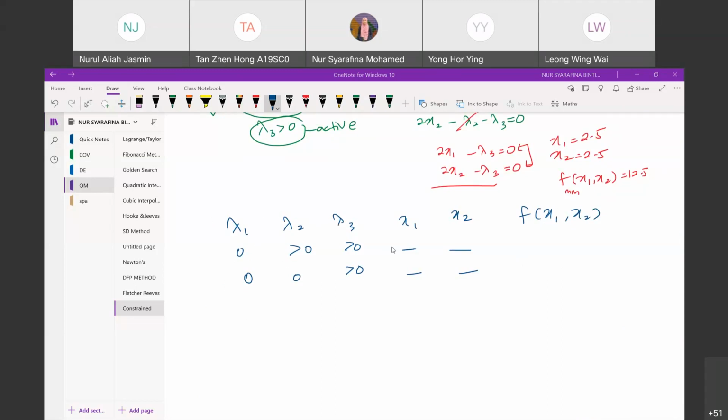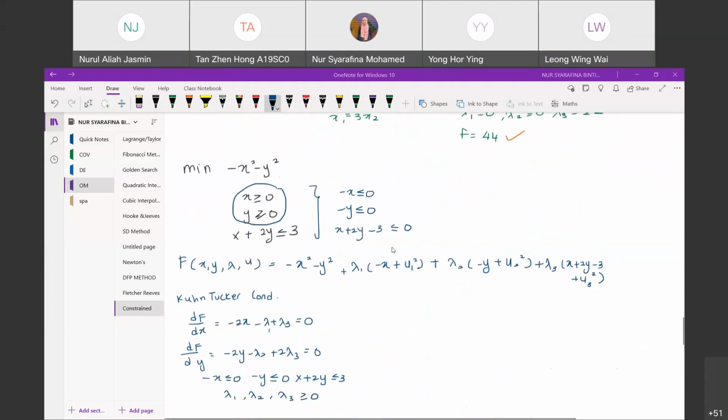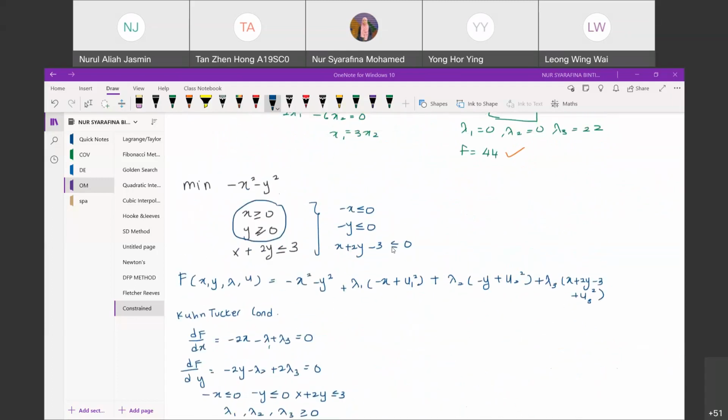So maybe it can be plotted directly and you can identify which constraints are active. Then just consider the passive ones equal to 0 and solve the problem. Is that clear? Anyone has a question?